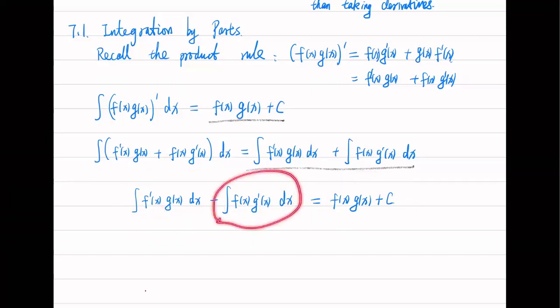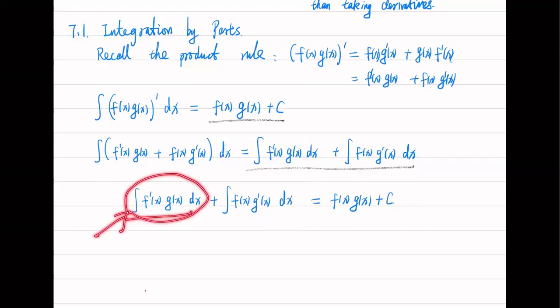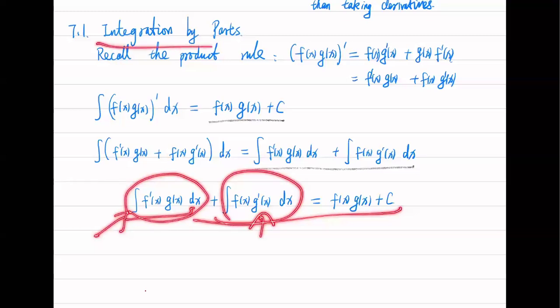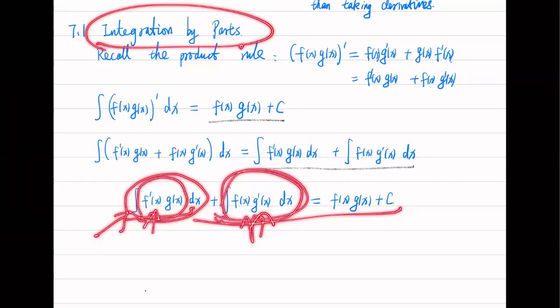So to do this potentially very complicated integral, we only need to do a relatively simpler one. That's the power of integration by parts: move the hard work on the difficult part to the easy work on the simpler part.